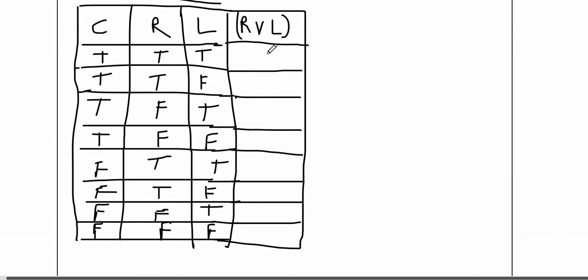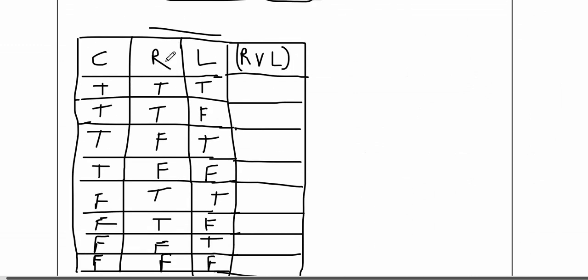So we have OR here. OR means any one of them has to be true. Either R or L has to be true for the result to come true. We see R is true, L is true, so the result will be true. Here also R is true, so automatically the result will be true. Here L is true, so the result will be true. Here both are false.